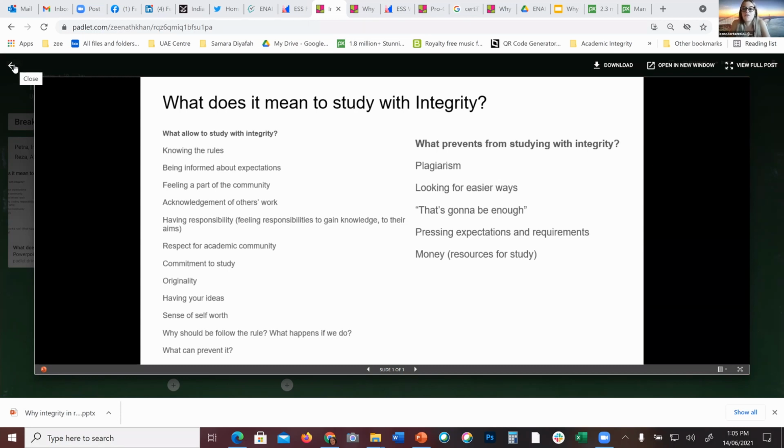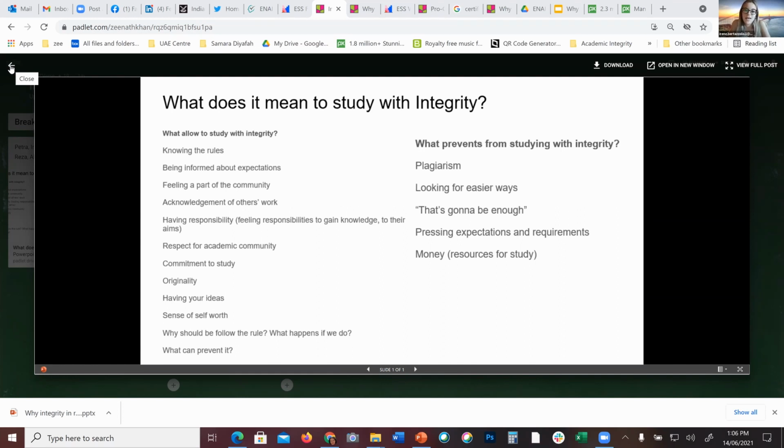Also the sense of self-worth and also self-work, I think. And there is also a question, so why should we follow the rules? And what happens if we do? Someone else should teach you how to follow the rules. And that was also what Petra said before in our room 1. And of course, we have to know how to prevent it.